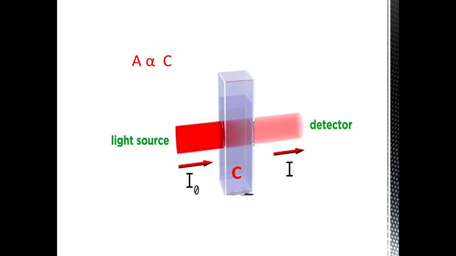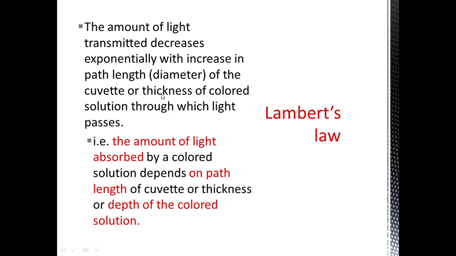So the light source gets into this solution and is transmitted, the intensity is decreased, and it is proportional to the concentration of substance present in the solution. That is Beer's law. Next is Lambert's law.